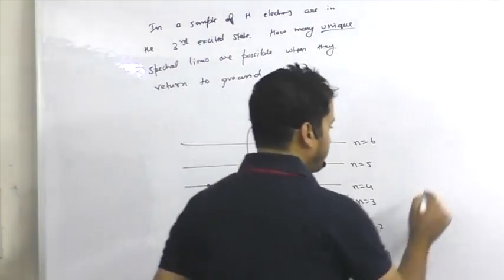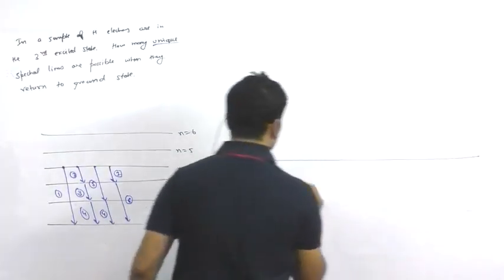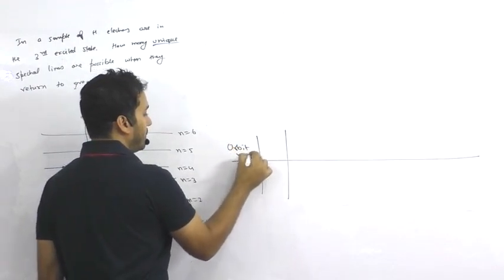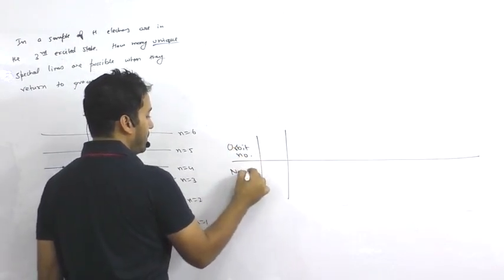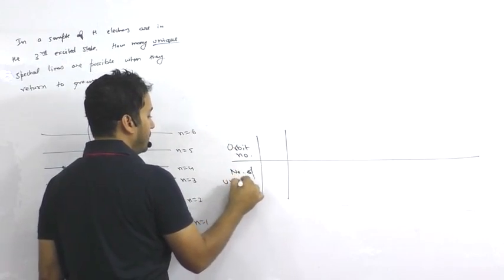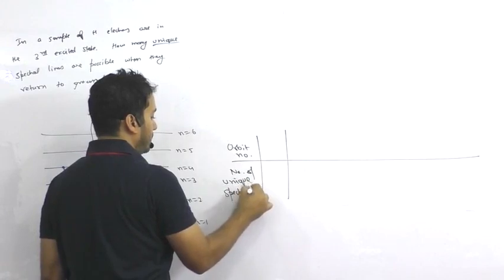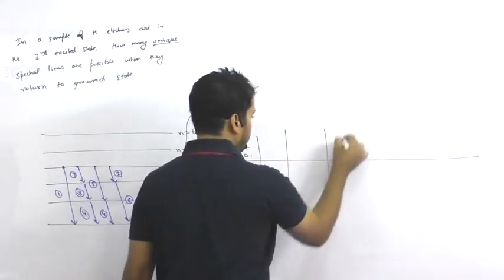Right. So we'll make a small table. Orbit number and number of unique spectral lines.